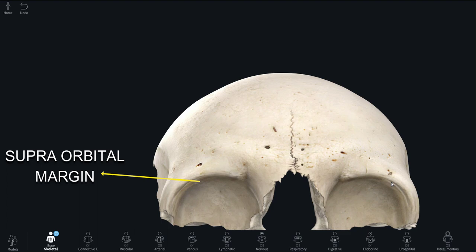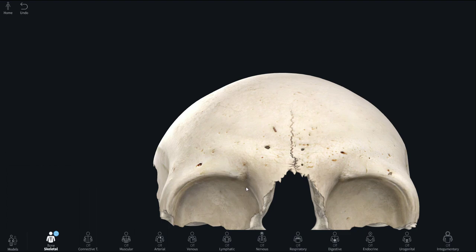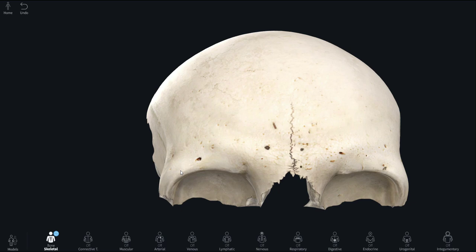The supraorbital margins, very important and very prominent as well. You won't have any problem locating them. But what is important to remember here is this supraorbital margin, this is the lateral side and this is the medial side, right? Obviously, very obvious.